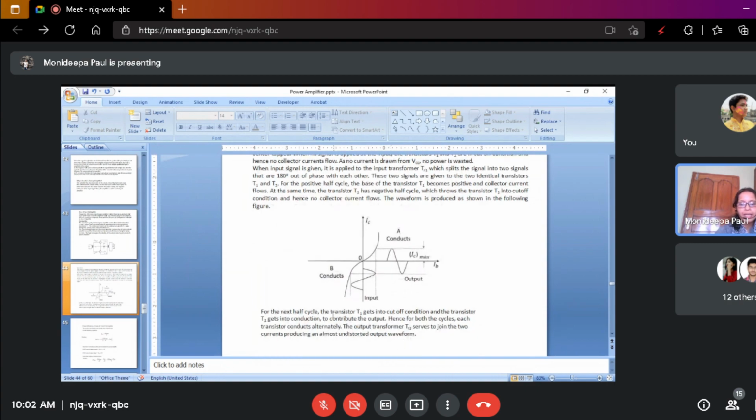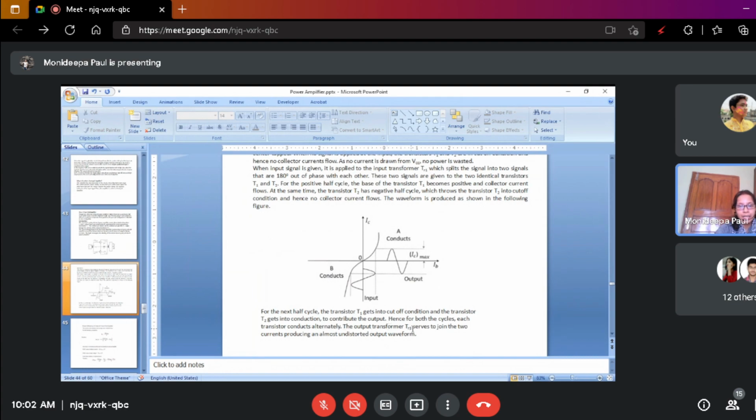For the next half cycle, the transistor T1 gets into the cut-off region, and the transistor T2 gets into conduction to contribute the output current. Hence, for both the cycles, each transistor conducts alternately. They do not conduct simultaneously, they conduct alternately.